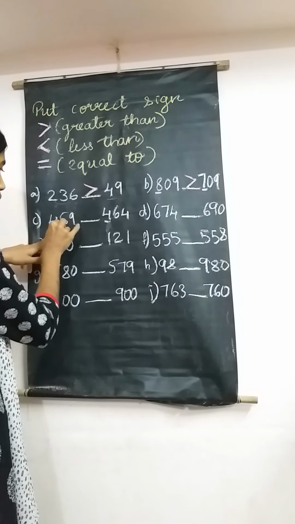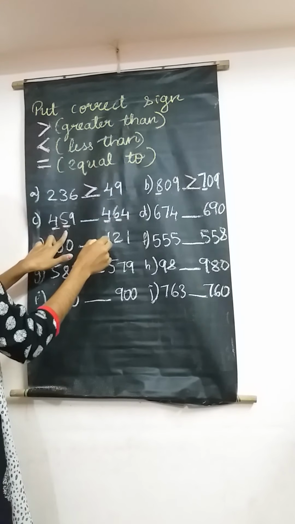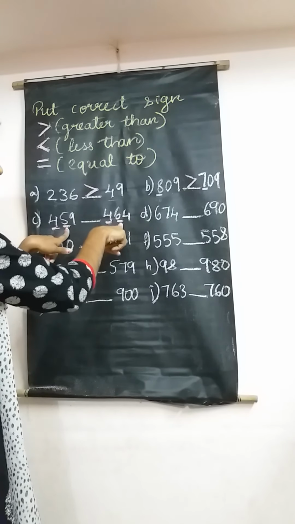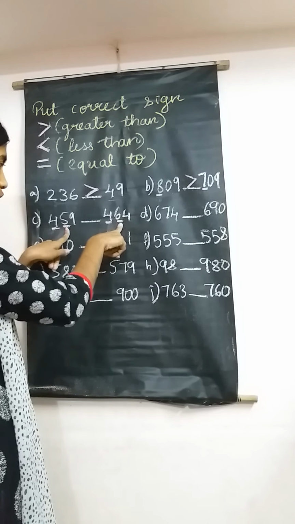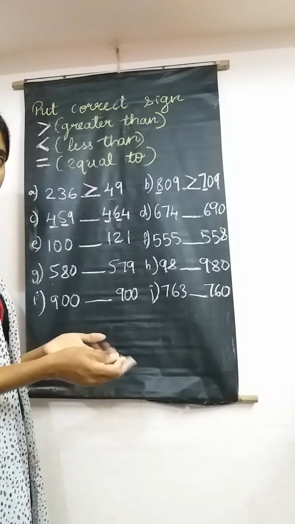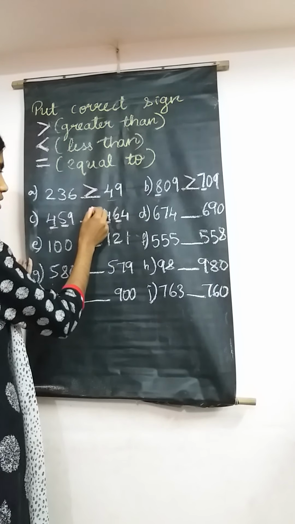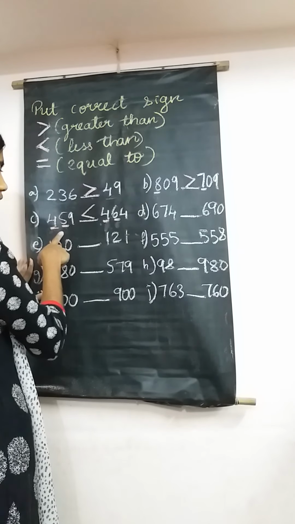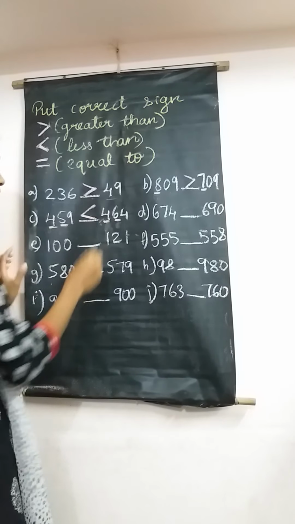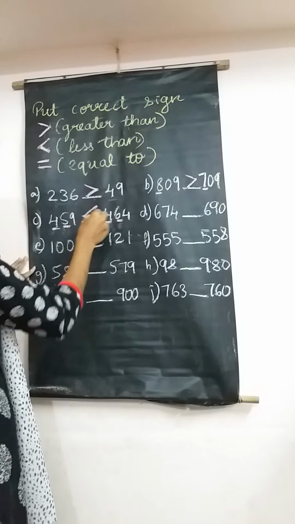Now come to the next place, the tens: 5 and 6. Which is greater? 5 or 6? 6 is greater, no children? 464 is greater and 459 is smaller. So 459 is lesser. We have put a lesser sign.